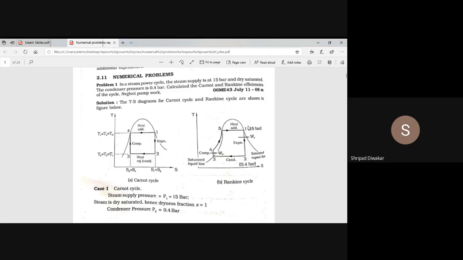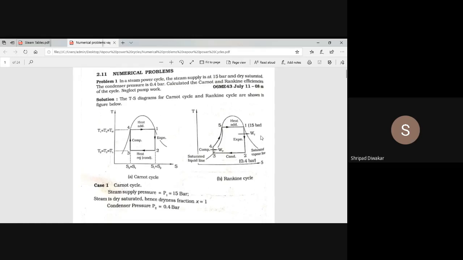H1 is what? The condition is dry saturated. That's why we have shown point 1 exactly on the saturation line. From the steam table corresponding to a pressure of 15 bar, you can find out the enthalpy, that is H1. But H2 is in wet condition. You see, this point 2 lies inside the curve.